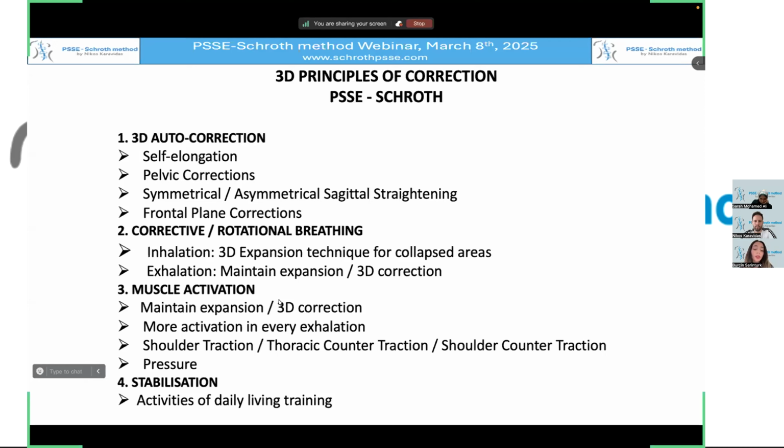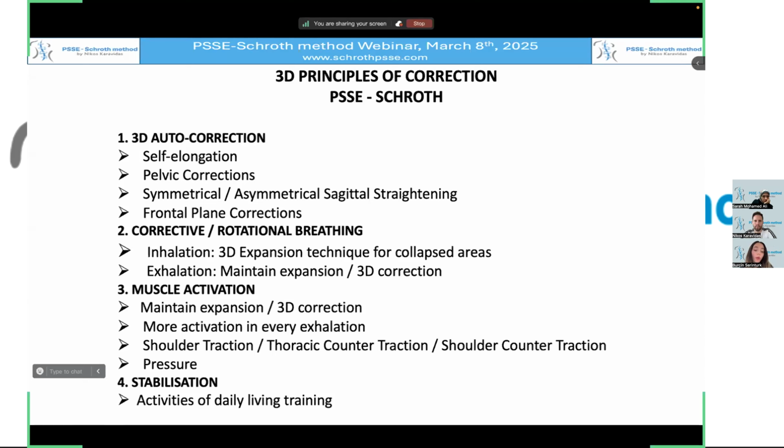And the last strategy for muscle activation is pressure. Pressure means if you want to increase activation, you need to externalize. For example, it can be a wall bar, a chair, a TheraBand, anything to increase activation. And the last of the 3D principles is stabilization.